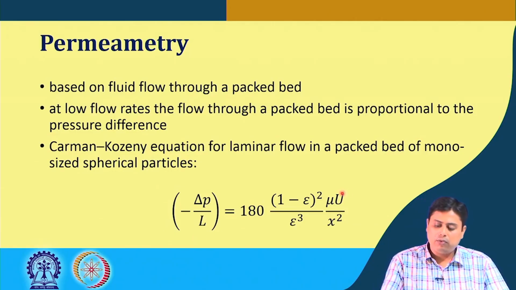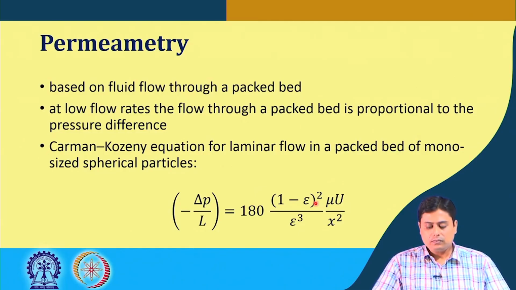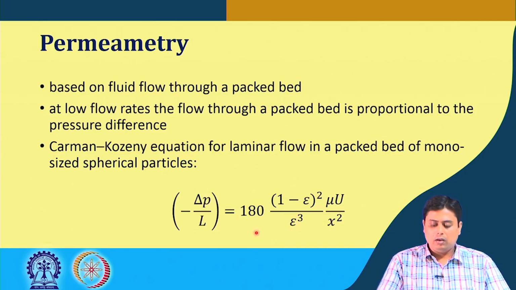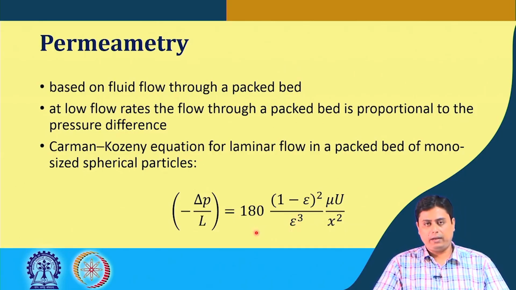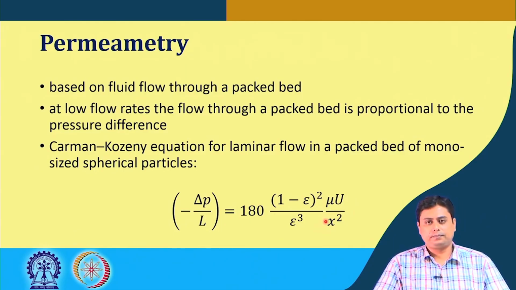For a particular flow rate, u is the superficial velocity here, which comes from the volumetric flow rate or mass flow rate, and epsilon is the voidage or the porosity of the packed bed. So, for a known porosity of a packed bed and a known fluid property mu, you can estimate by experiment the pressure gradient happening through an unknown sized particle.